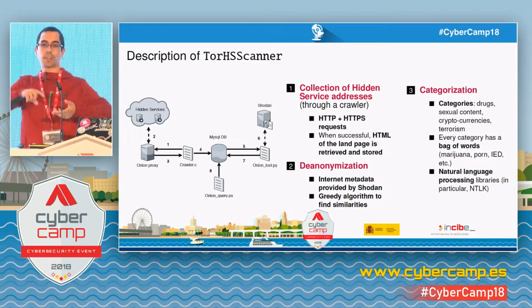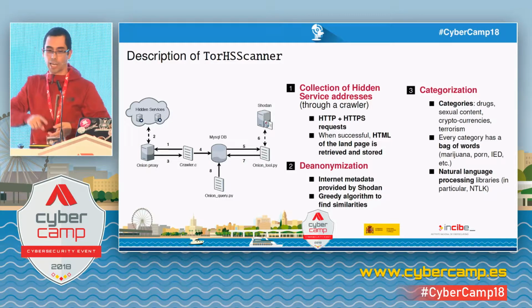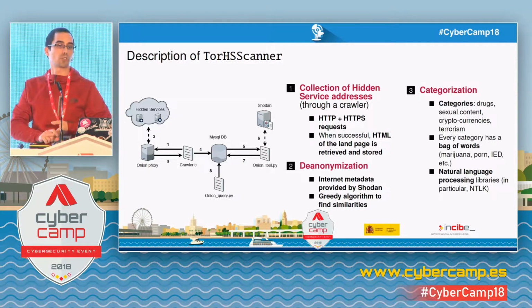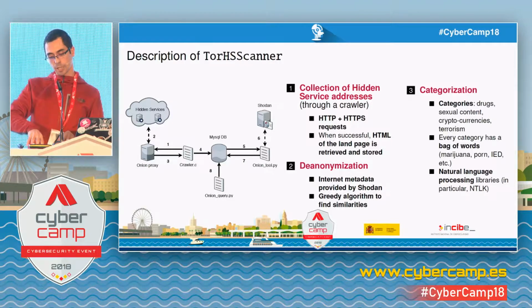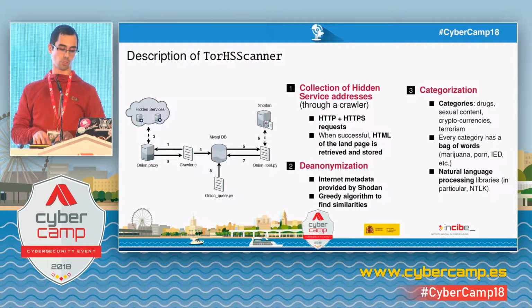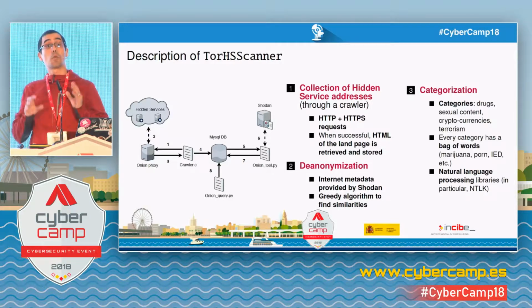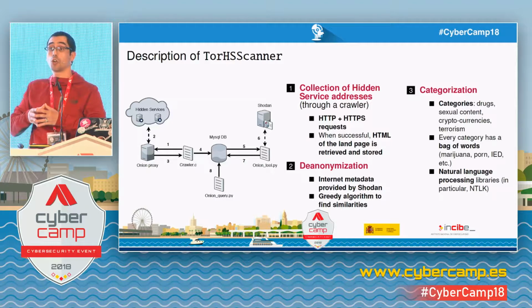So in case of drugs, LSD, weed, speed; for terrorism, jihad, explosive, you name it. For each of those HTML pages, we tried to see whether we could fit them into a specific category. What we did here was just a word count. So this is kind of a bit ugly. We could have fine-tuned it a bit, but that's the way we did it.